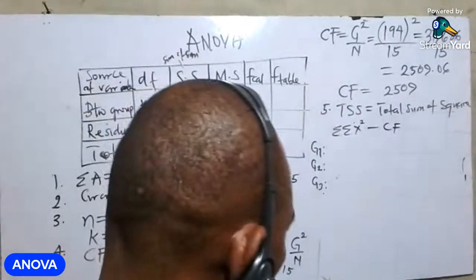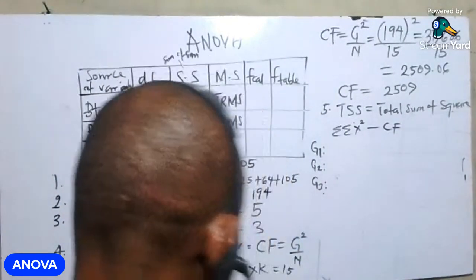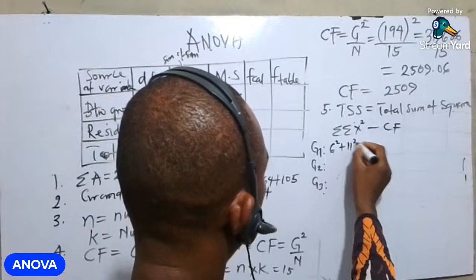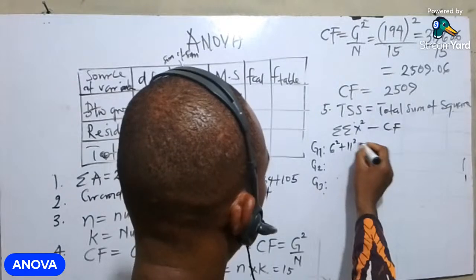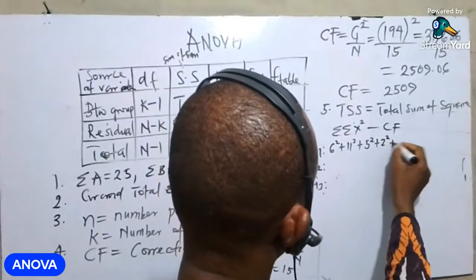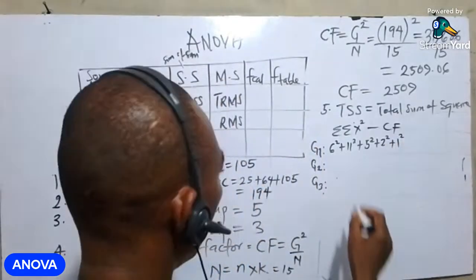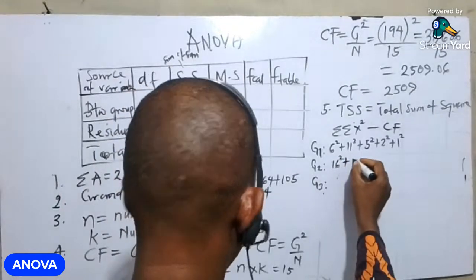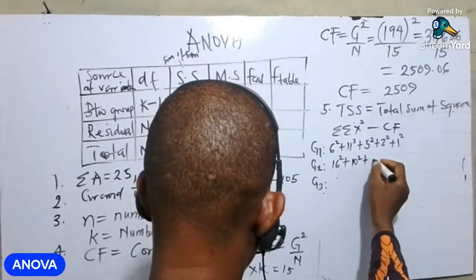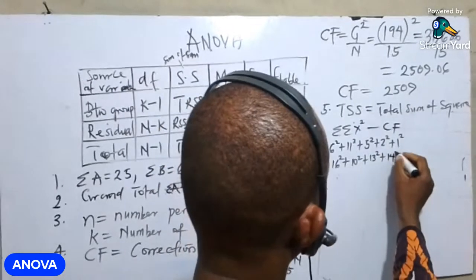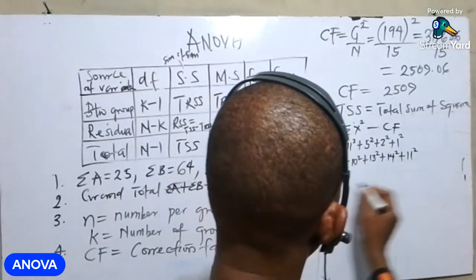So let me go back to my table now, for those of us that are writing it down. For group 1, I have 6 squared plus 11 squared plus 5 squared plus 2 squared plus 1 squared. Group 2: 16 squared plus 10 squared plus 13 squared plus 14 squared plus 11 squared.